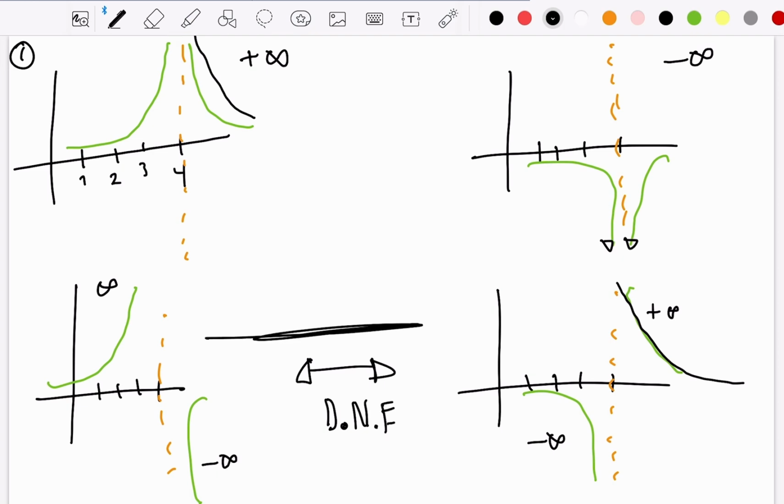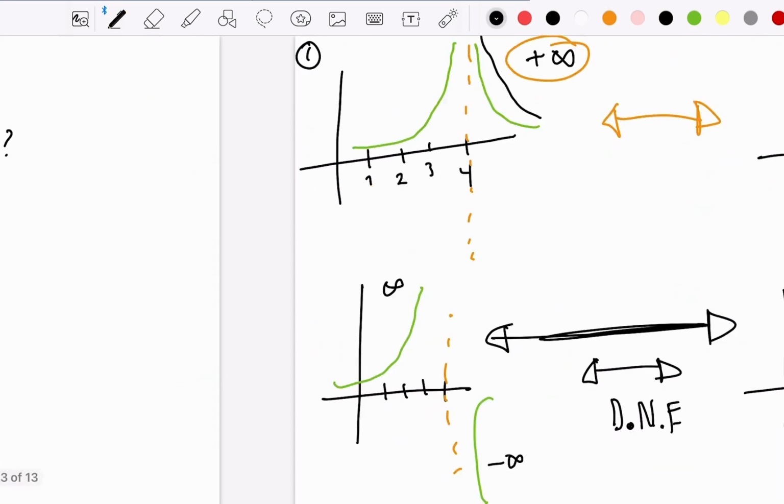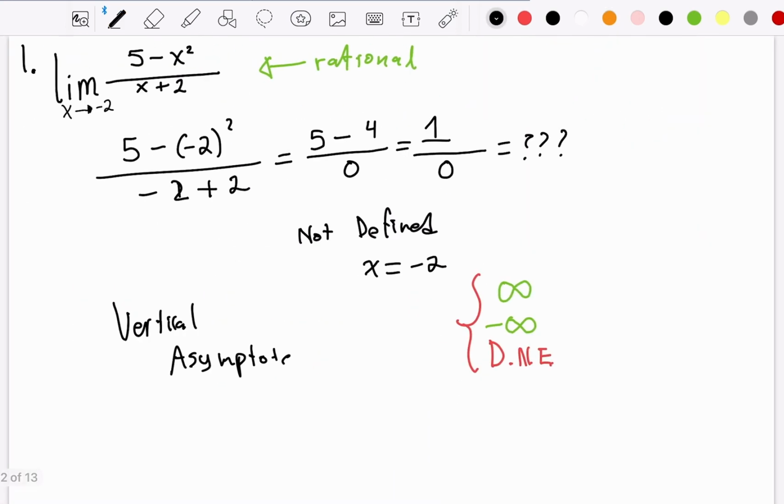Because remember that in order for a limit to exist, you have to guarantee that both limits from the left and from the right get to the same point. In this case, it is not, because one is going to positive infinity and the other one is going to negative infinity. But in the first two, we can guarantee the limit is either positive or negative. So that is why we only have three possibilities.